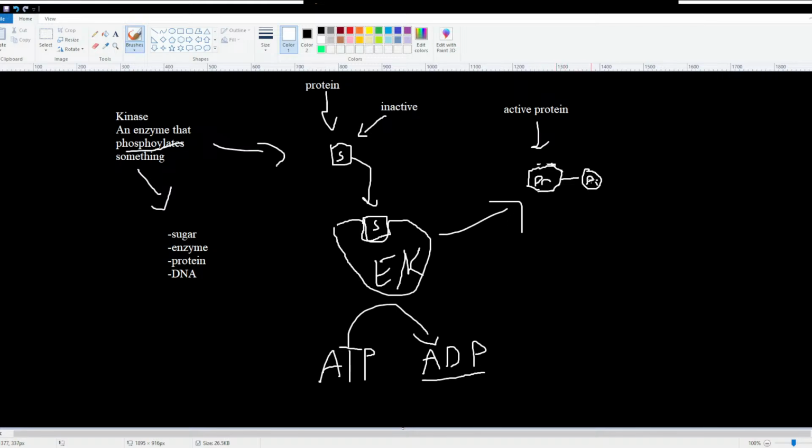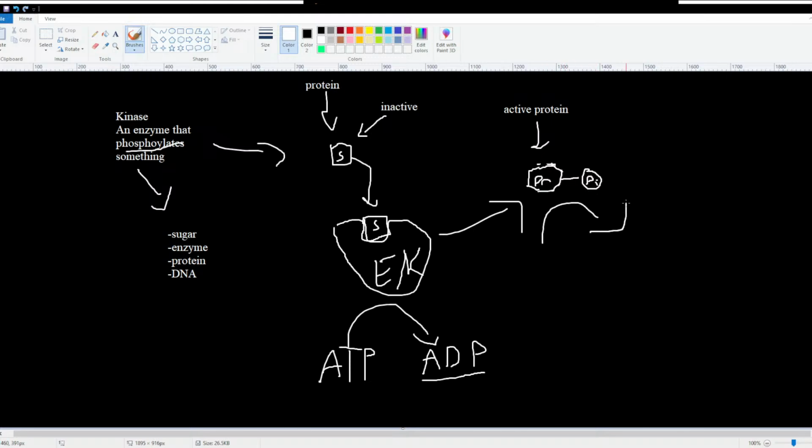This phosphate group literally changes the shape of the protein. Now that it's changed shape, this protein can go ahead and do chemistry.